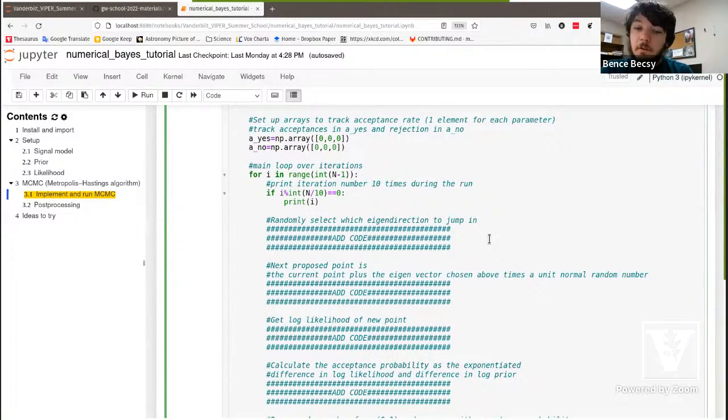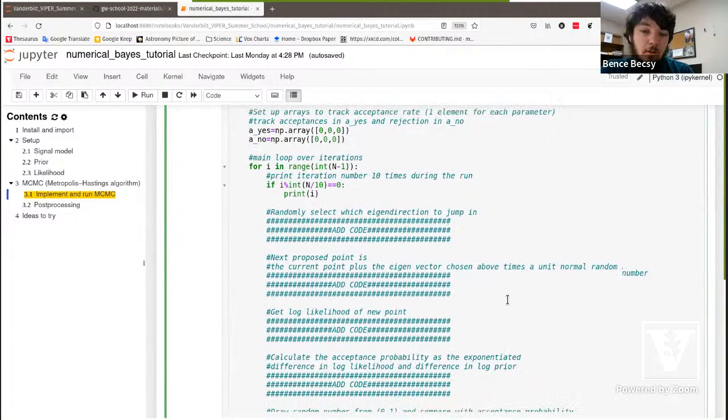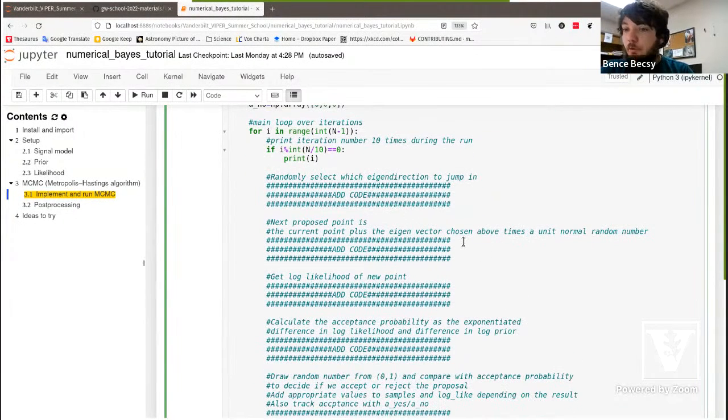So then we have the new proposed point. To get the Hastings ratio, we will need to calculate the log likelihood at this new point. So this here is really just taking this new point and calling the get ln likelihood function on it.